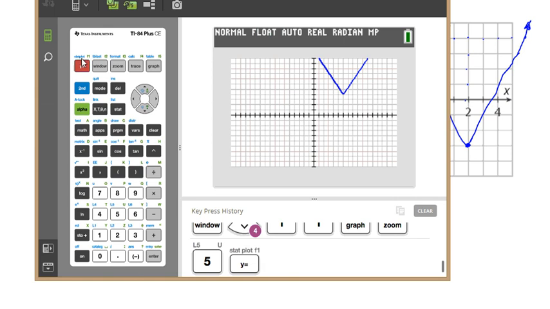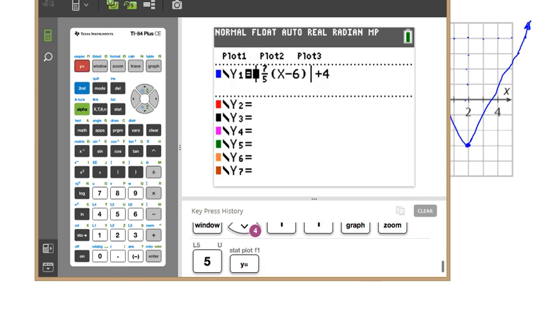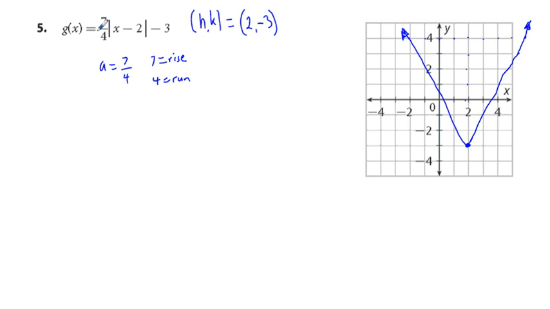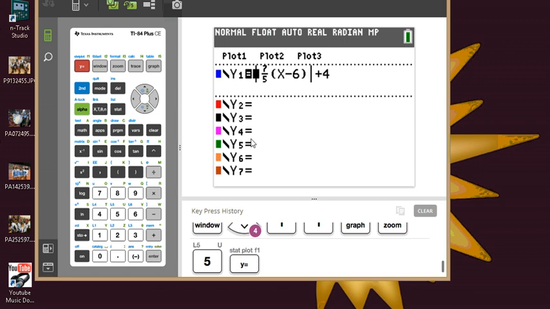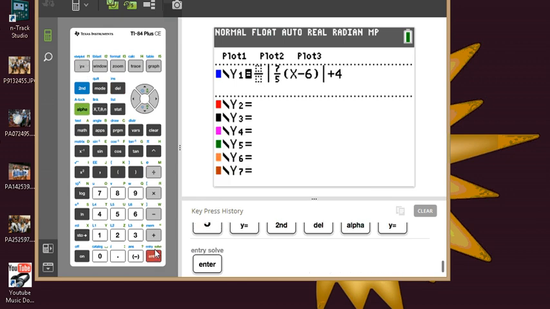Okay. Let's make sure we get it in the right place here. We're going to have 7/4 outside, x minus 2, minus 3. So we'll go alpha, 7/4.